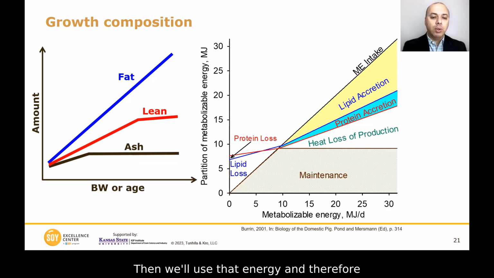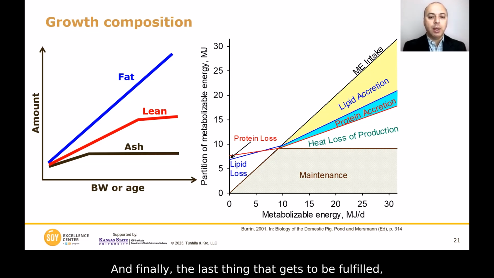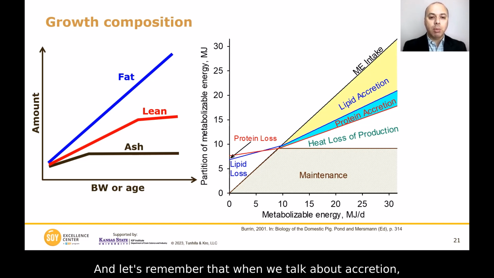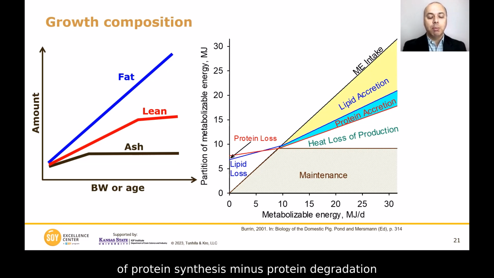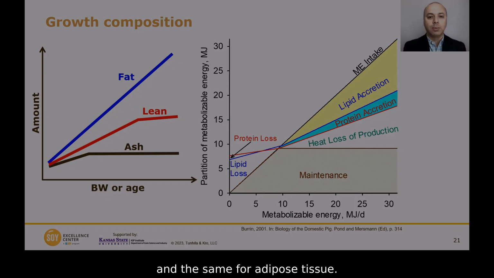Then we'll use that energy and therefore the nutrients for protein accretion, and finally the last thing that gets fulfilled is lipid accretion. And let's remember that when we talk about accretion, we're talking about the balance between synthesis and degradation. So protein accretion is the net result of protein synthesis minus protein degradation, and the same for adipose tissue.